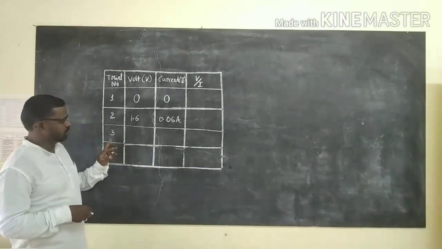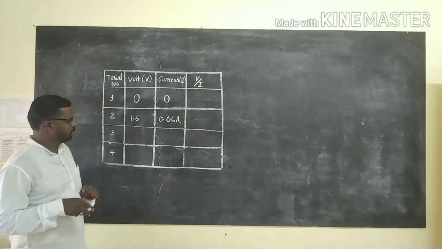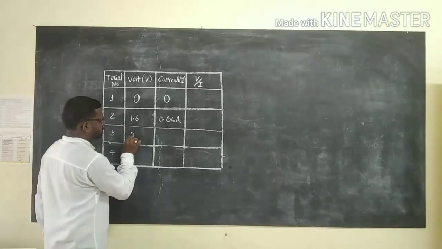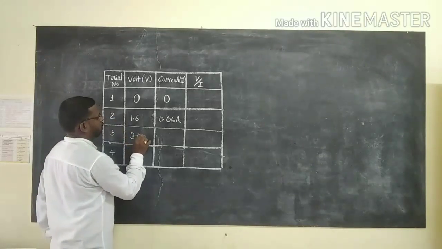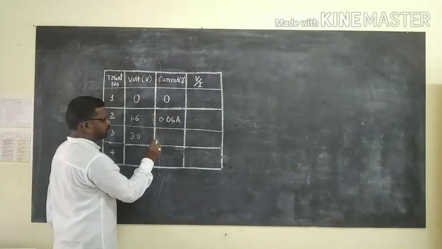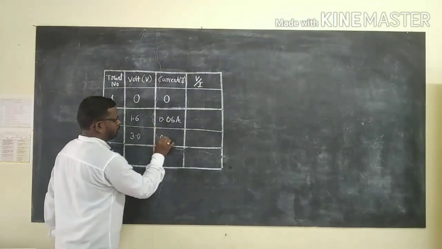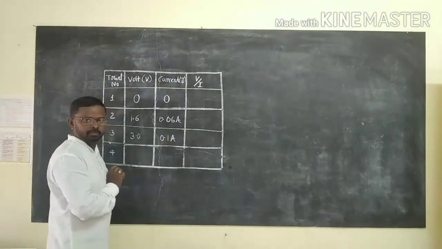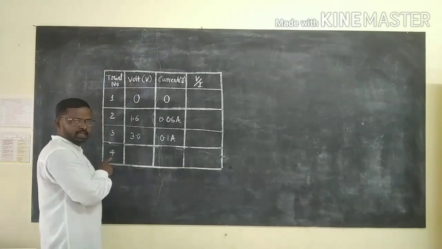In the third trial, if I supply 4 volt, the voltmeter shows 3.0 volt and the ammeter shows 0.1 ampere. We will go to the next trial.